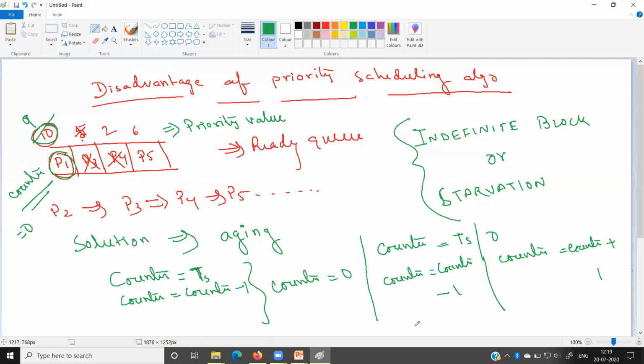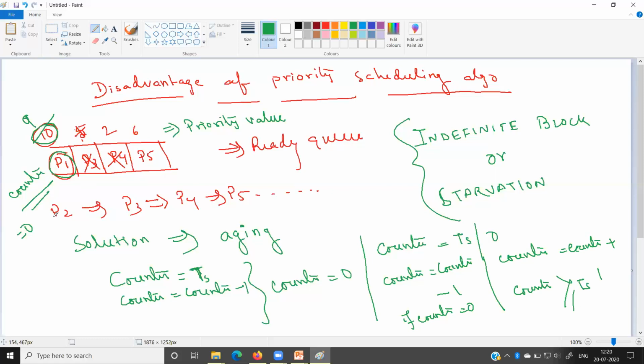Now in this case, if the counter value is equal to 0, then you have to decrease the priority value of the process P1. And in this case, if the counter value is greater than or equal to TS, in that case also you have to decrease the priority value of the process.